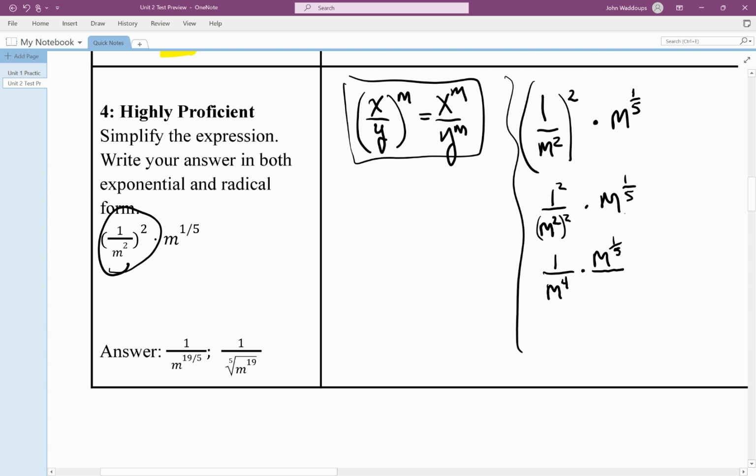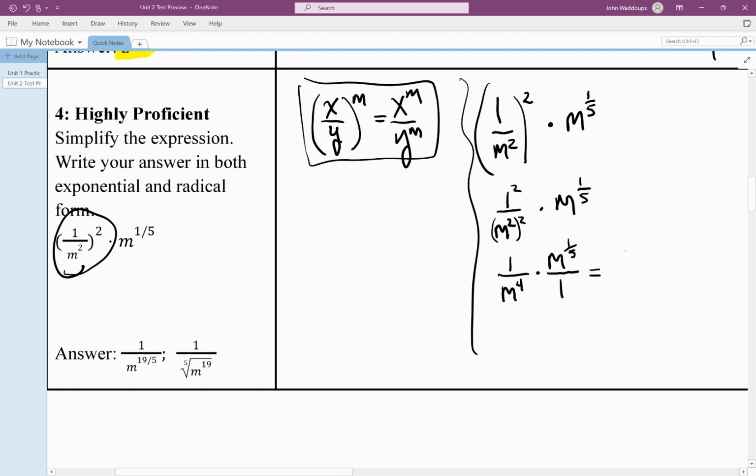You can divide any number by 1, so I'm going to just write that over 1. So then I've got two fractions and I'm multiplying them. So 1 times m to the 1/5 is m to the 1/5 power, and it's over m to the fourth power.